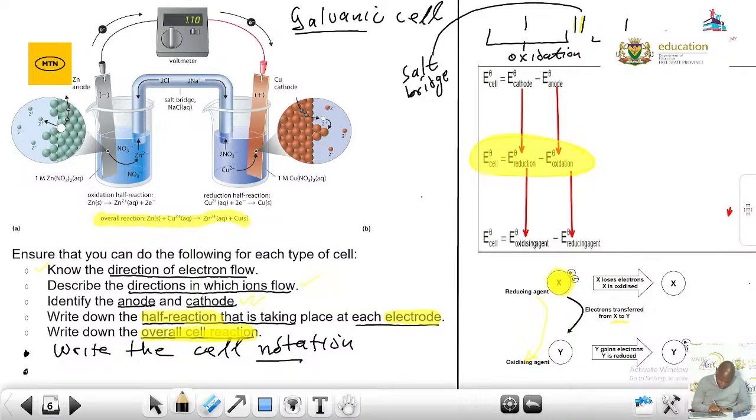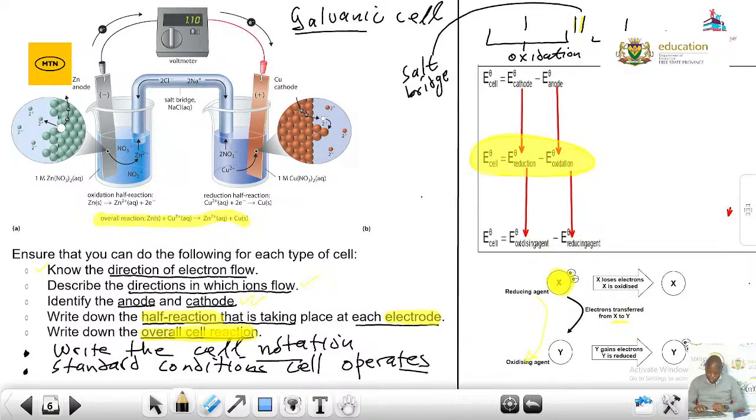Maybe one should also add here to also know the standard conditions in which the cell operates, because those are possible questions that examiners ask. Those are possible questions that, when we get them right, everything sits well and we are in a position of getting the maximum marks.